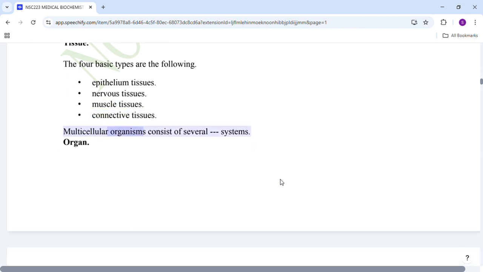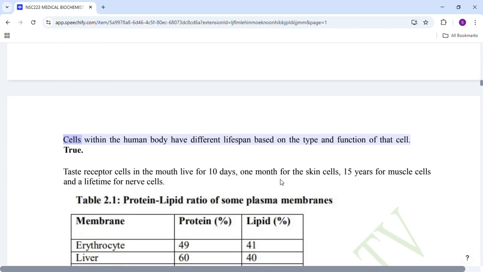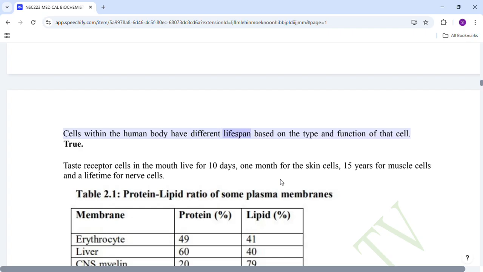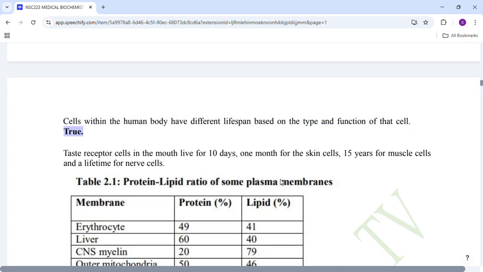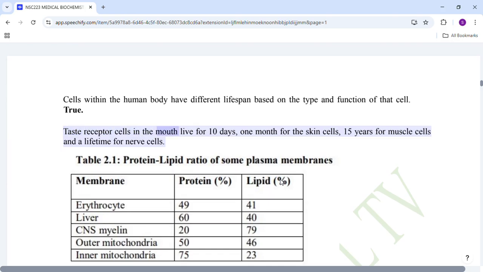Multicellular organisms consist of several organ systems. Cells within the human body have different lifespans based on the type and function of that cell. True. Taste receptor cells in the mouth live for 10 days, 1 month for the skin cells, 15 years for muscle cells, and a lifetime for nerve cells.